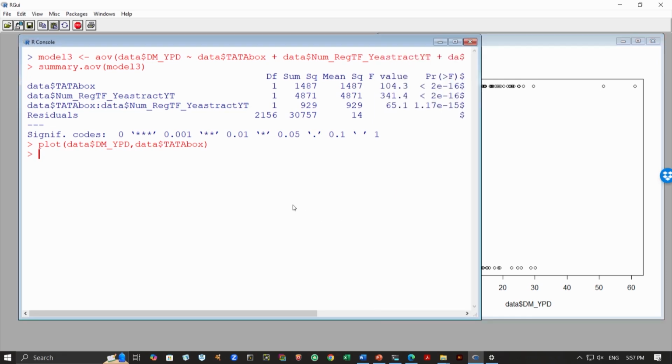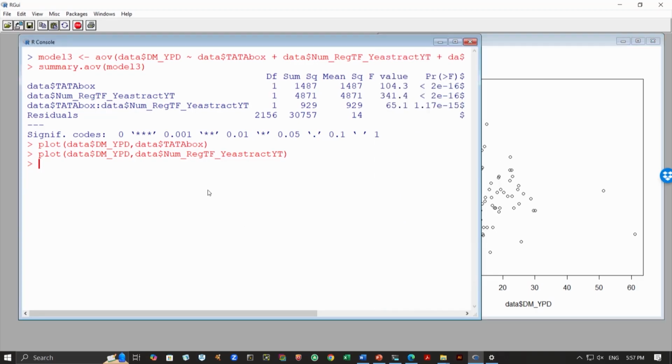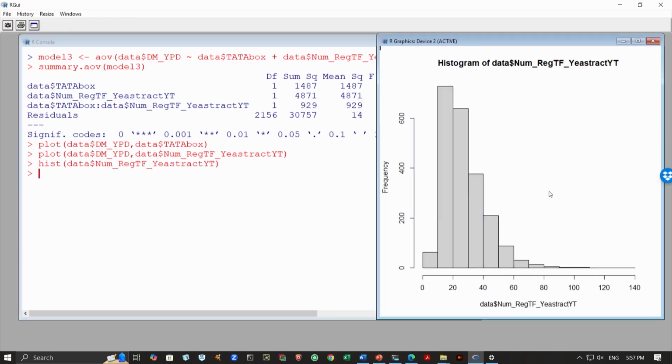We can check the other ones, for example, which we have already checked. This is how the whole thing looks. We can also look at how the number of these regulatory TFs varies, and we can use a histogram to see how this number varies.